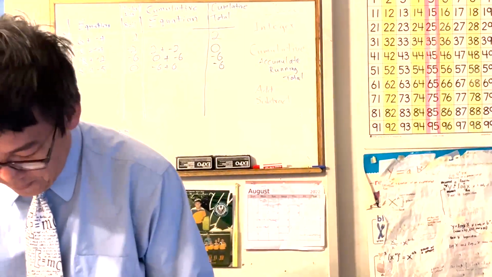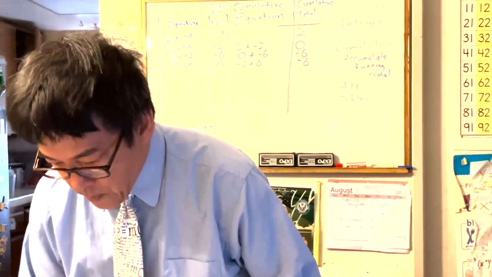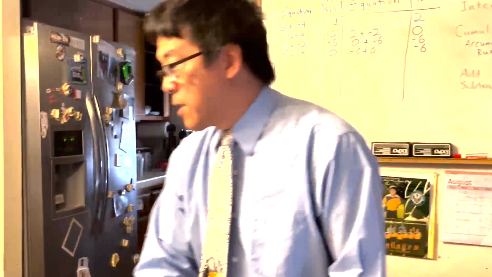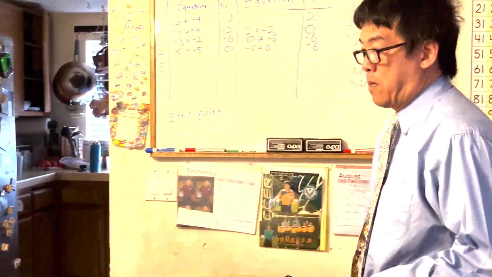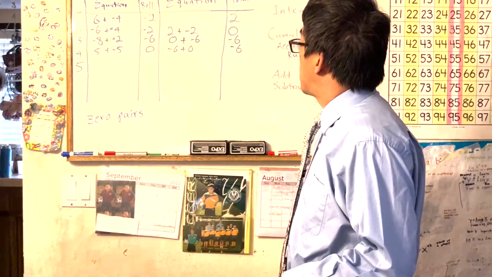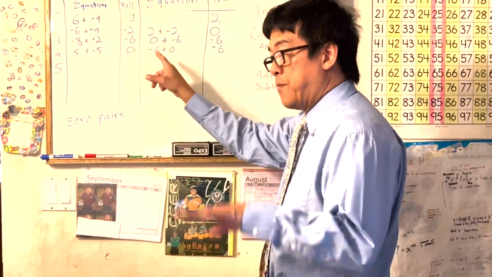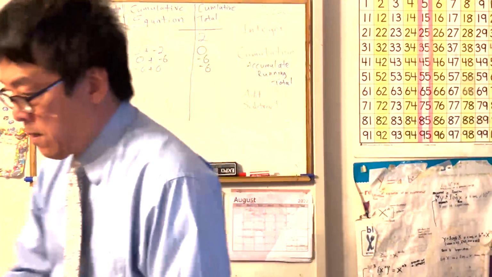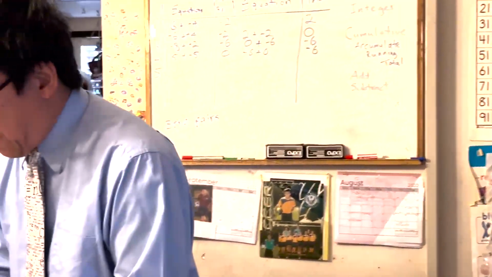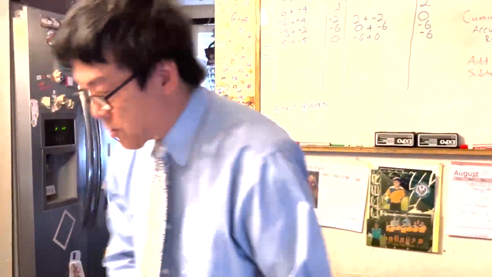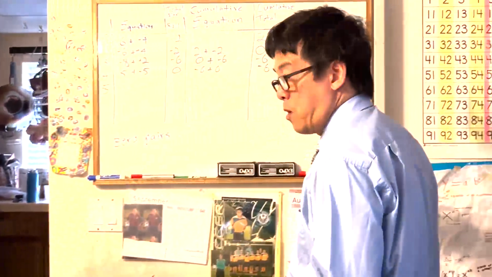Now we're going to do subtraction, and then we're going to work on these. So you're going to complete this on your own for adding integers, and then we're going to do subtraction a little different.